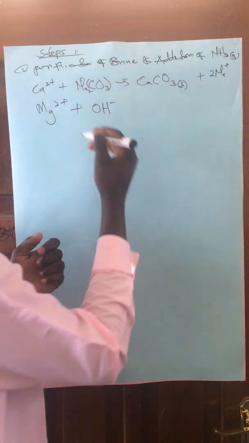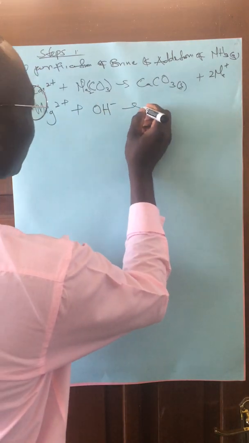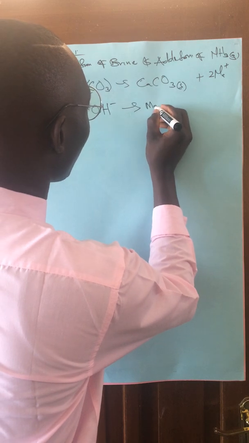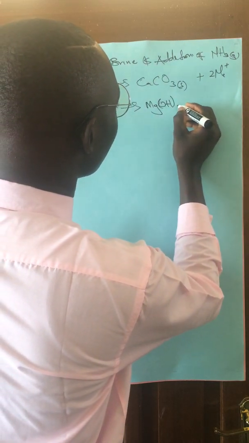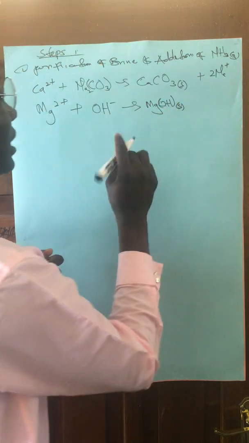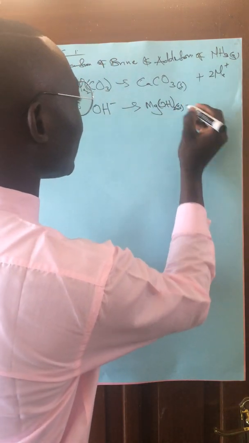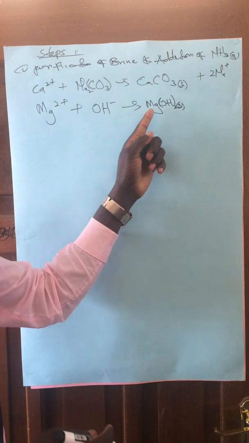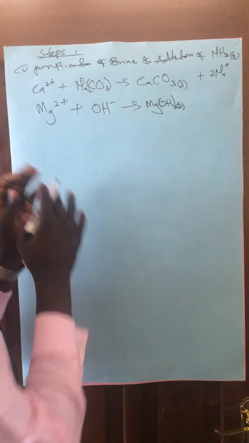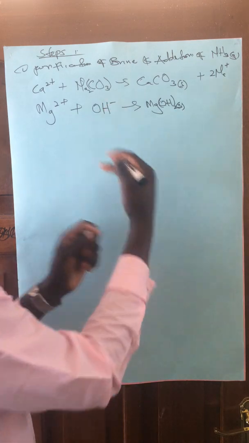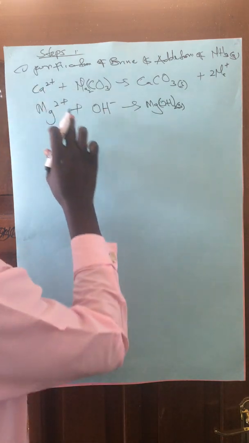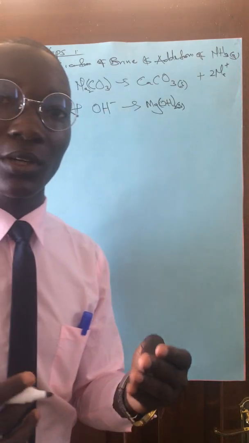We are going to have magnesium hydroxide solid. With this, I think the equation is balanced. With this, we shall have removed calcium and magnesium ions.